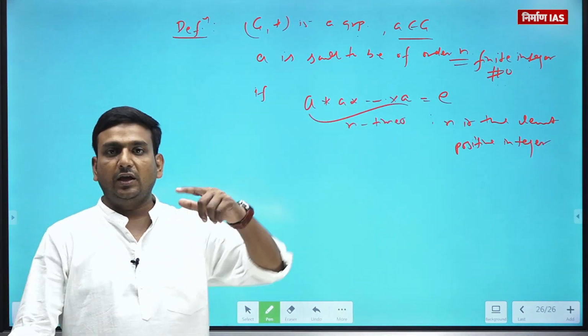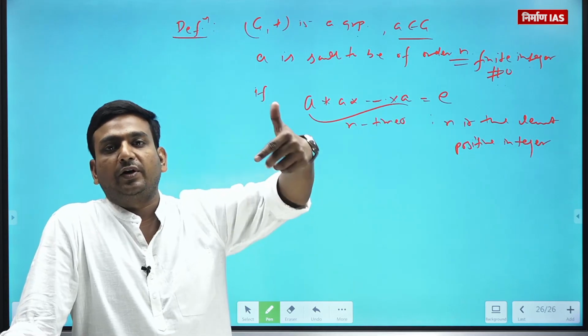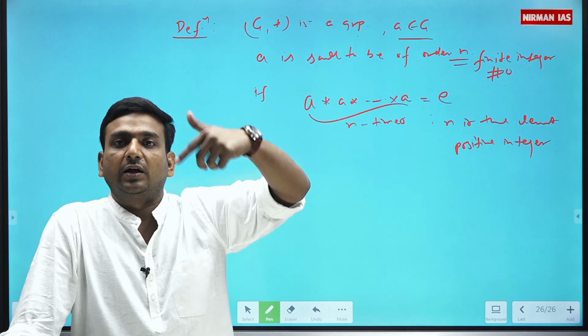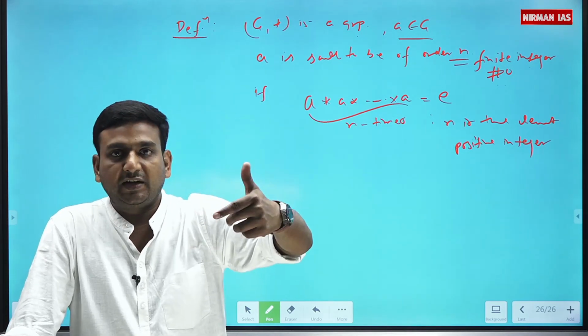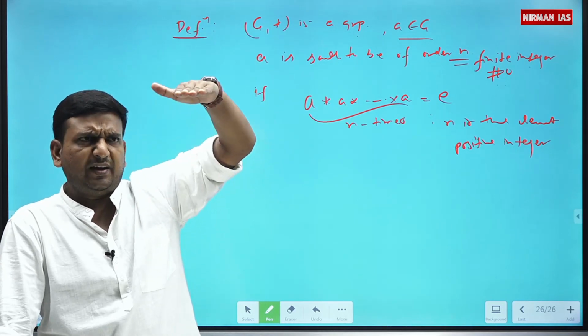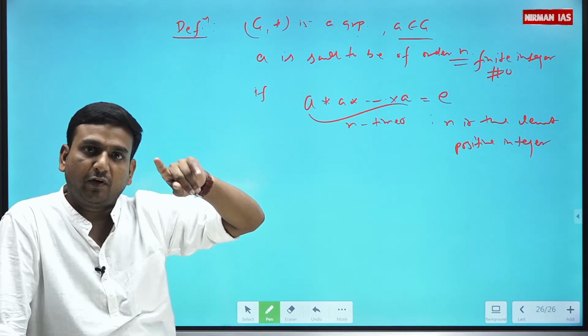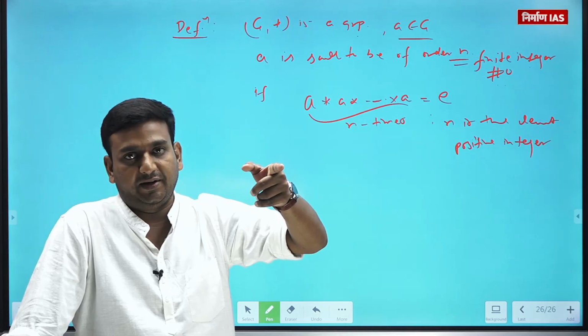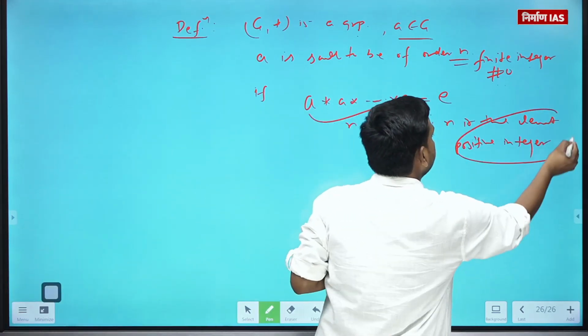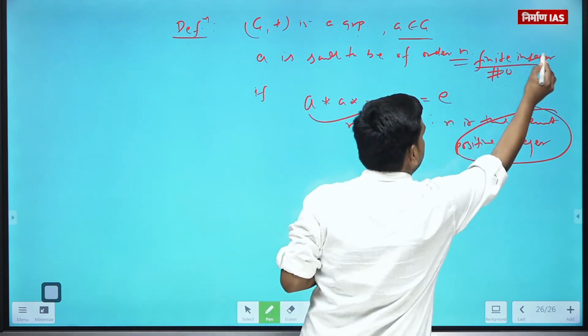Because suppose that A composed 5 times gives you identity. If you compose it 10 times, obviously E raised to a square will again give identity. So 5, 10, 15, all those compositions give identity, but what is the least? 5. So 5 will be the order of that element. Getting? So make it a point: least positive integer, finite.